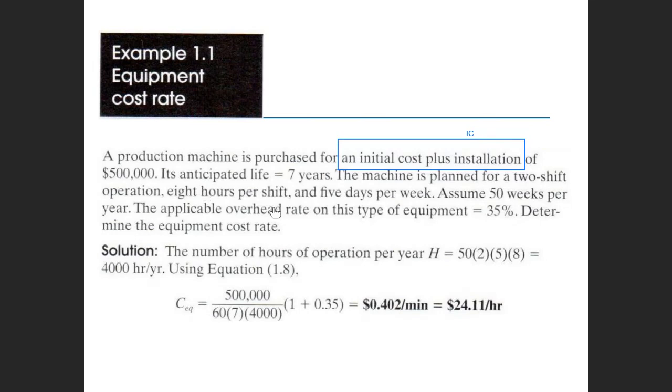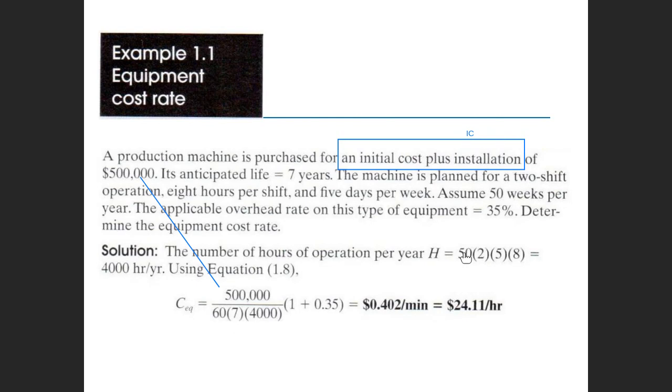And the applicable overhead rate of this type of equipment is 35%. What is the equipment cost rate? CEQ equals IC, the machine cost, 500,000, divided by 7 years multiplied by the hours per year.